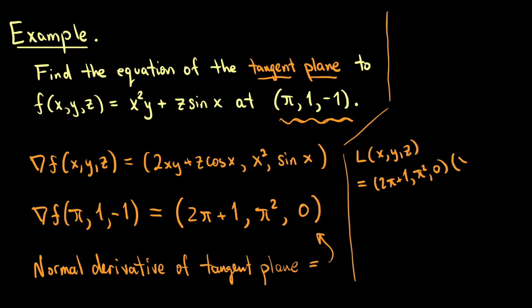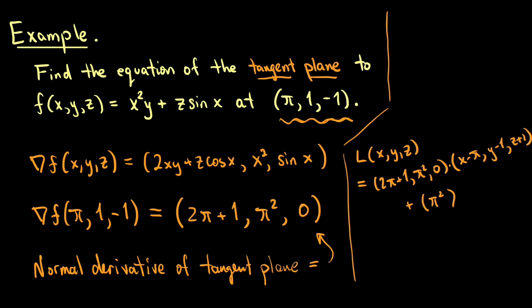So I'm going to have x minus pi, y minus 1, z plus 1. This is a dot product, plus the value of f when I plug in that point. And the value of f is pi squared times 1 plus z, but z is minus 1, times sine x, which is 0. Okay, so I get pi squared. So this is the linear approximation.